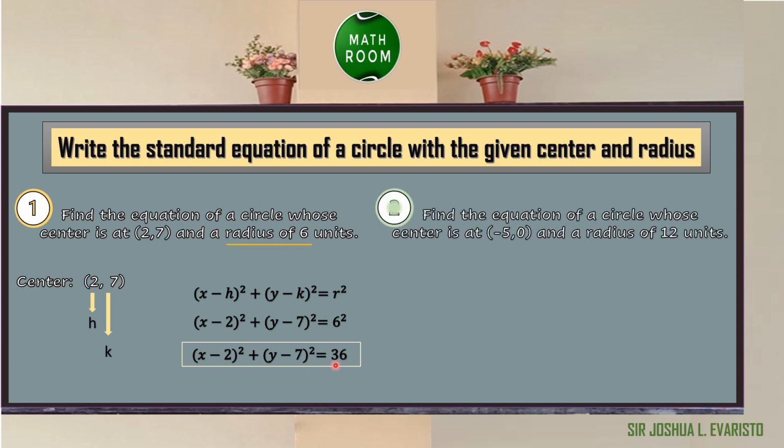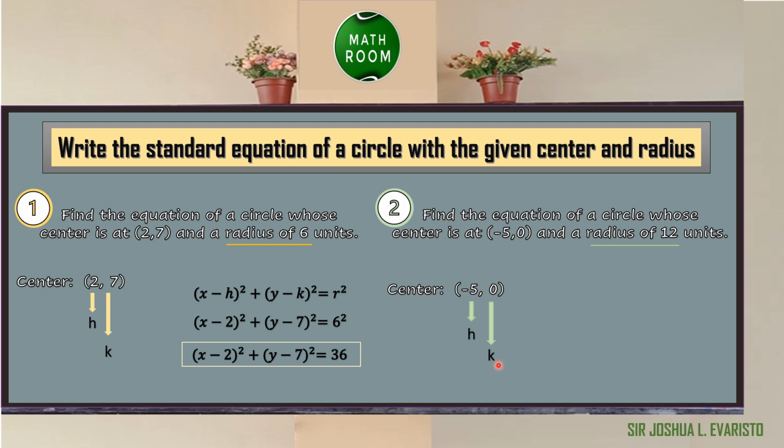Number 2. Find the equation of a circle whose center is at negative 5, 0 and the radius of 12 units. Again, the center is negative 5, 0, meaning that the h is negative 5 and the k is 0. Also, the radius is 12 units.